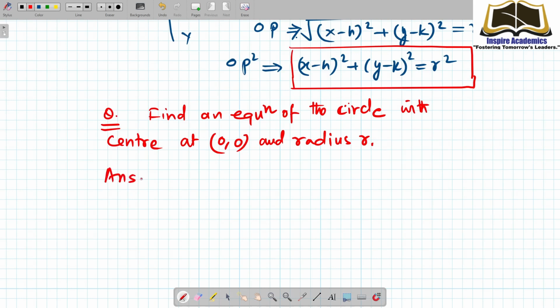That means if we see, my h comma k is 0, 0, which means h is 0, k is 0.